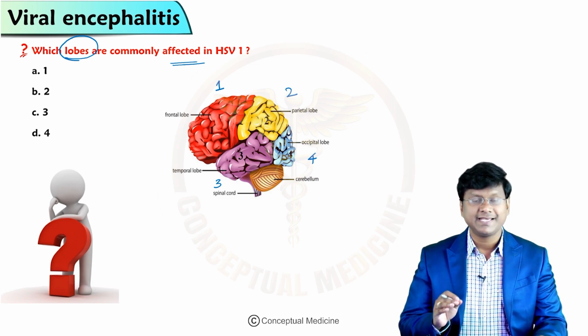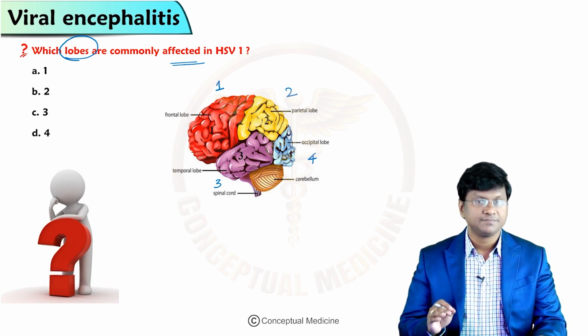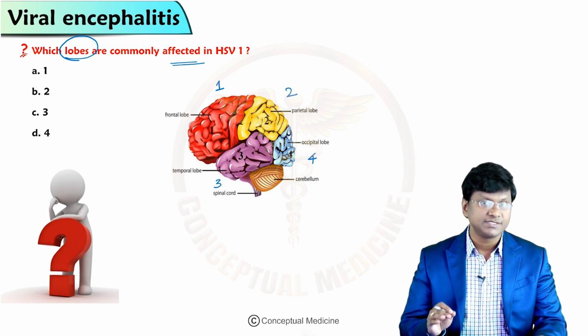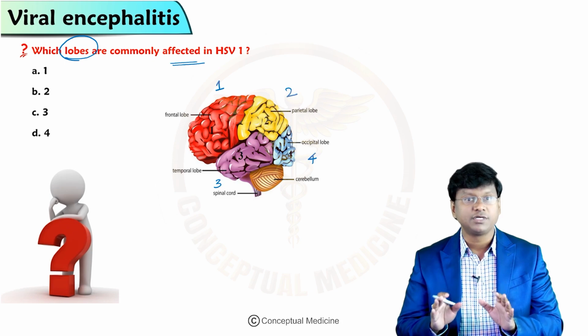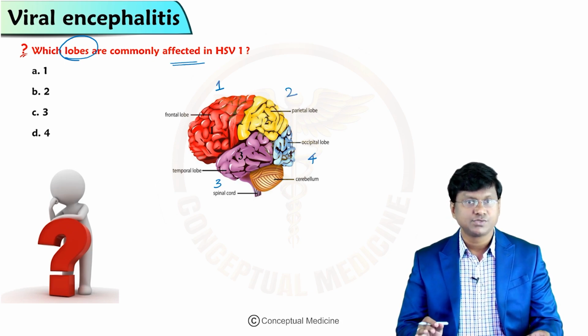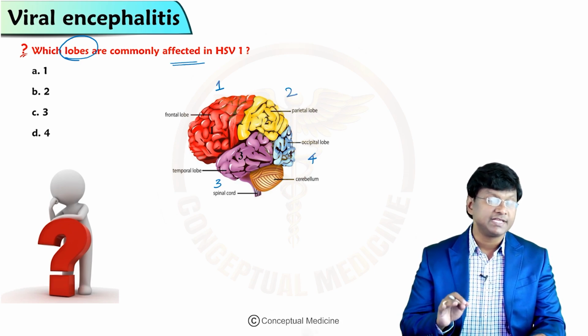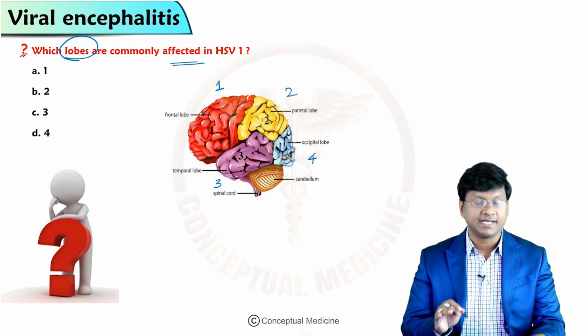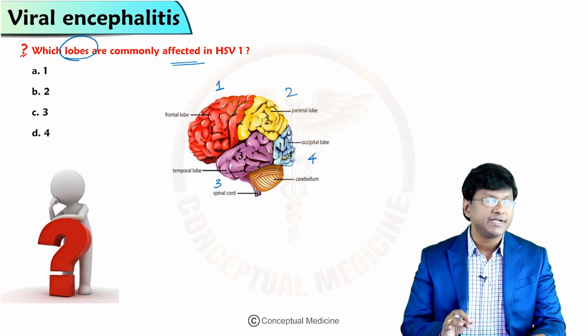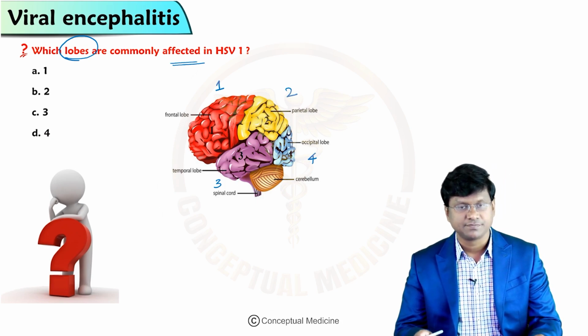So in case of herpes simplex virus 1, the most common lobe which is being affected is the frontal lobe, right? So the focal findings in patients with encephalitis should always raise the possibility of HSV encephalitis.